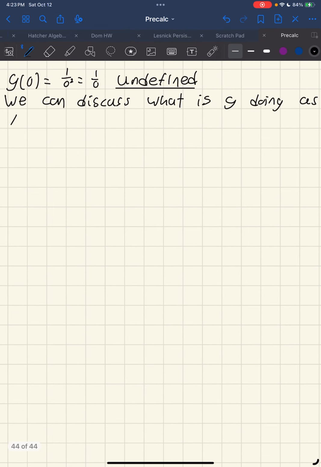So again, at x equals 1, we already did this one, g of x will be 1 over 1 squared, or just 1. What if I go in the other direction and say x is 1 over 10?